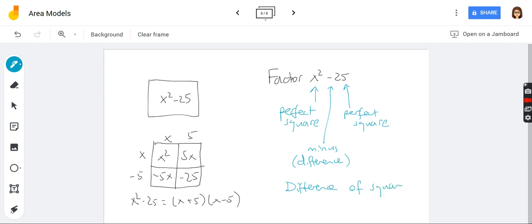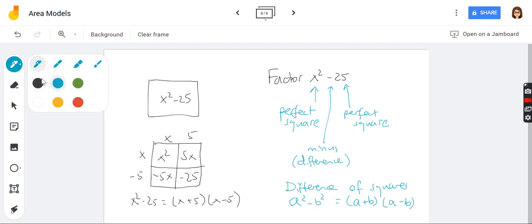And we learned last year to factor a difference of squares, so I'll go a squared minus b squared is equal to a plus b times a minus b. All right, and that's why it happens, is because this will give you the a squared, this will give you the b squared, and the a plus b gives you, sorry, the ab, okay, I'm going to do it again. Hold on, let's go back to black.